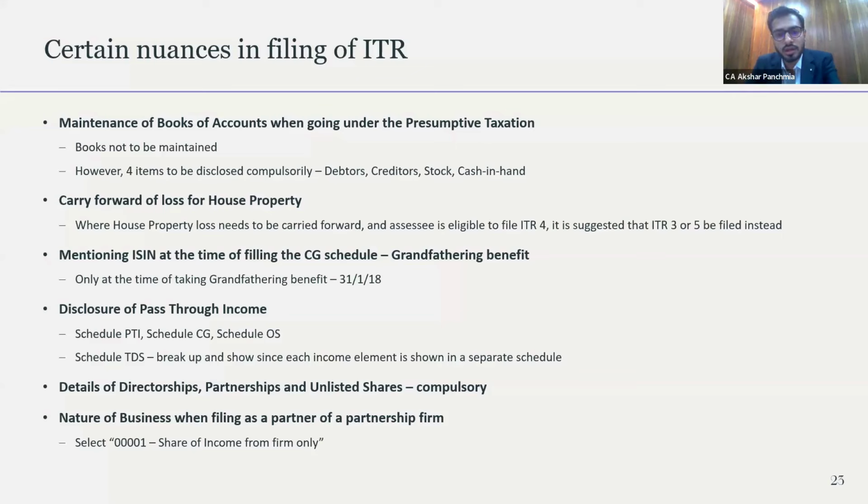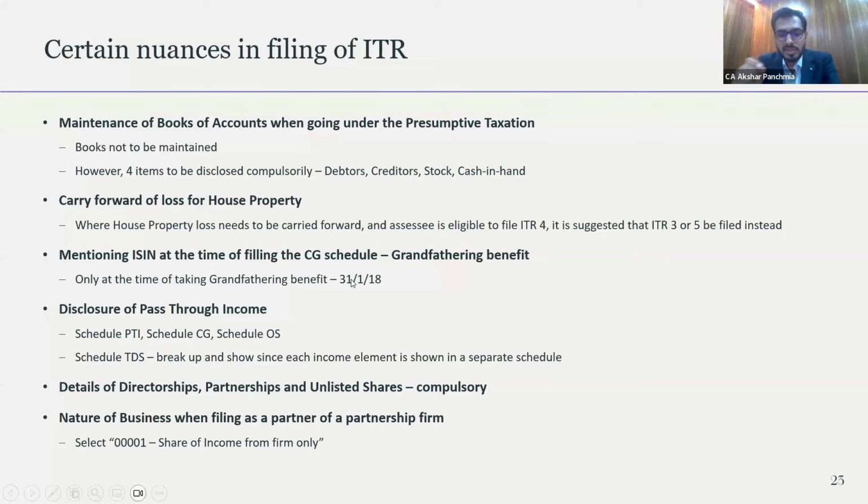However, if you are going under ITR 4, that is presumptive taxation and a house property income, then please note, if you have house property loss and it is not getting adjusted in the same ITR return, and if you have to carry forward your loss, then do not file ITR 4. Rather, go for ITR 3 or 5, whichever is applicable to you. This is also specifically mentioned in your ITR form where you are taking your house property loss.